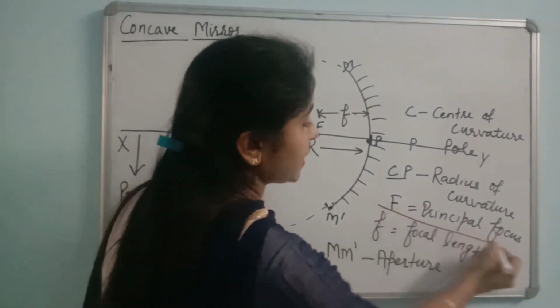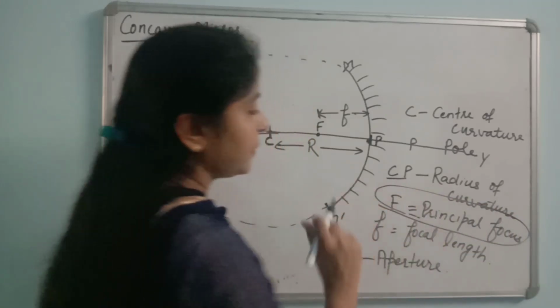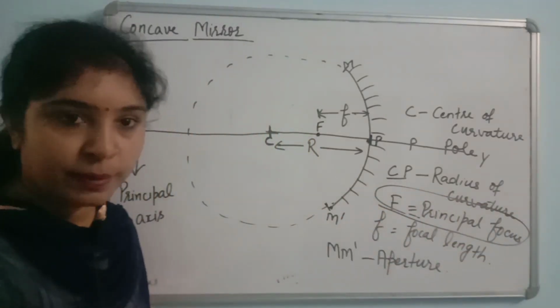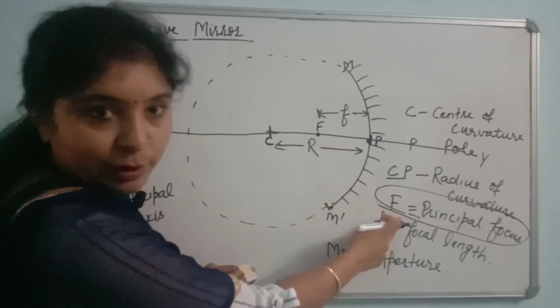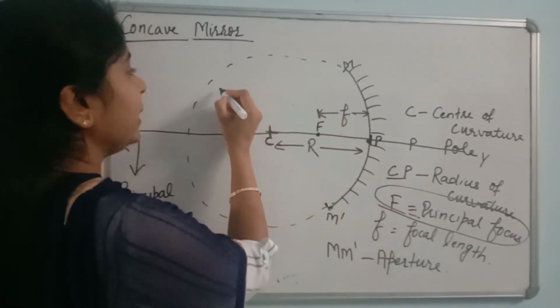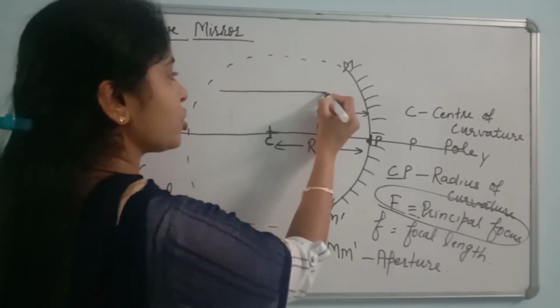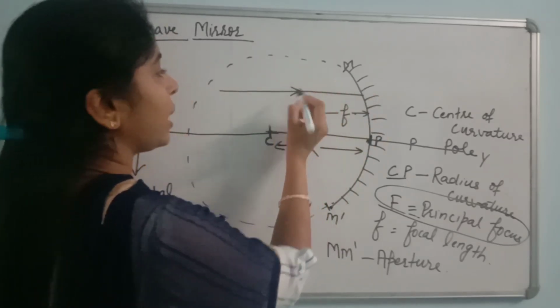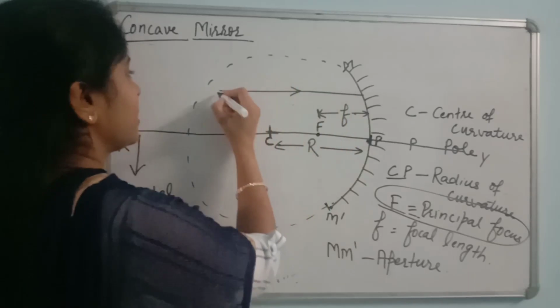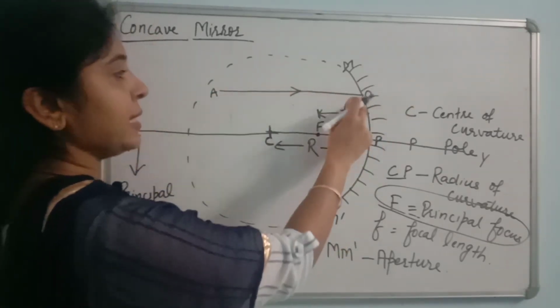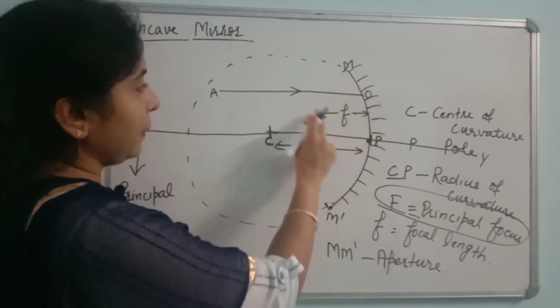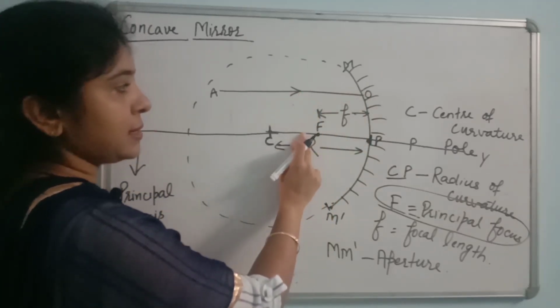Now what is this principal focus? There is a special property about this principal focus, or we can give the definition of principal focus like that: any light ray which is coming parallel to the principal axis. Suppose it is the light ray AO, this is the incident light ray which is coming parallel to the principal axis.